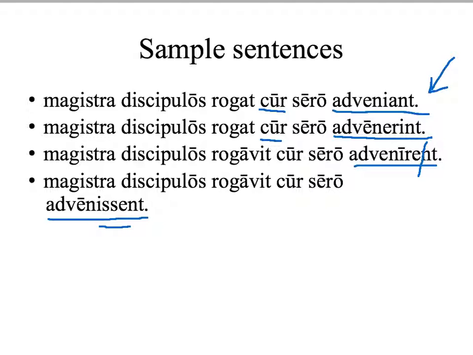There's that ISSE that identifies the pluperfect subjunctive. To translate the first sentence only, the teacher asks the students why they are arriving late.